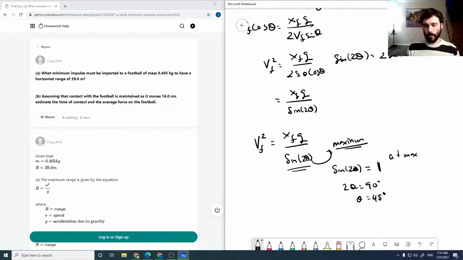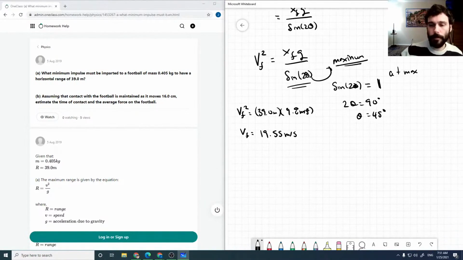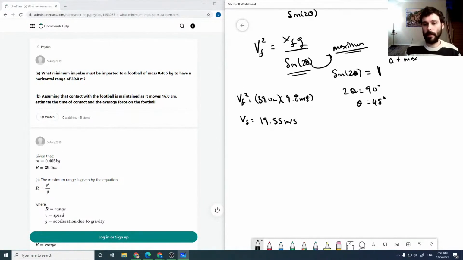So if this equals 1, then our VF squared is equal to 39 meters times 9.8 meters per second squared. So our VF is 19.55 meters per second. Okay, so now our minimum impulse is delta P, which is equal to just our PF as we said.